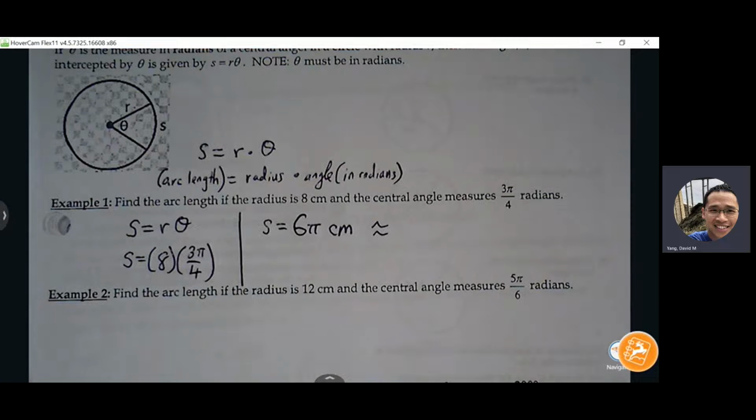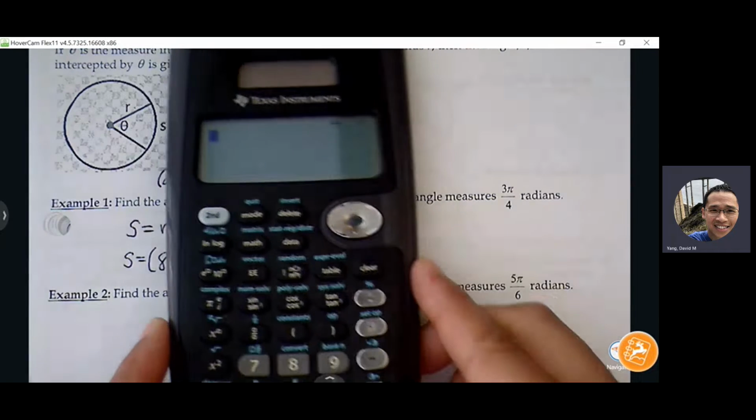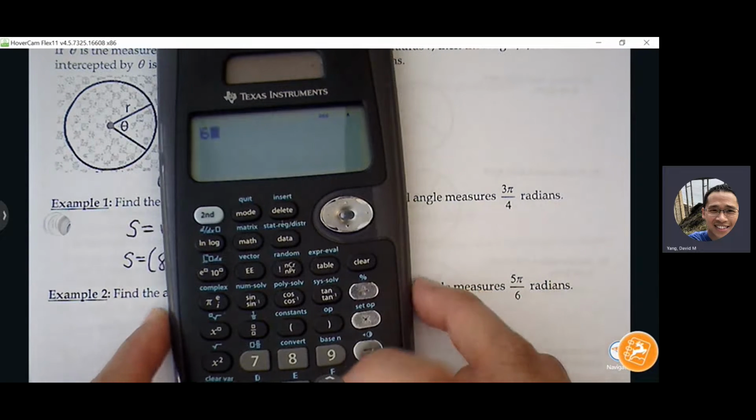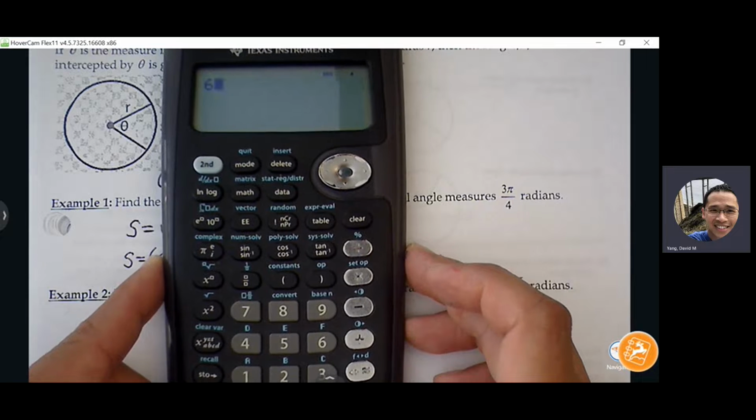If I want to get a decimal value so we can kind of visualize what that means in the real world context, enter pi in the calculator and let it give you a decimal value. So you'll do 6, and then do you see the pi button?